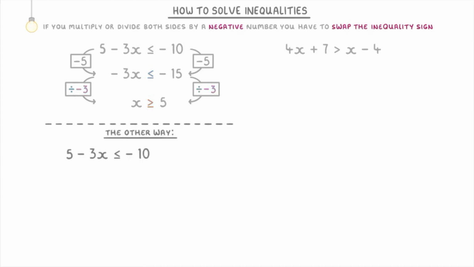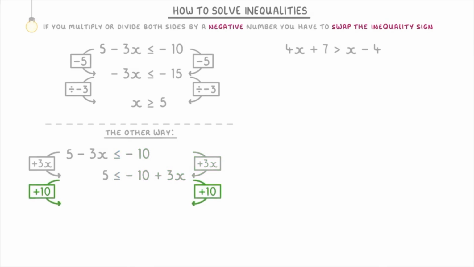The second way that we could have done this question would be to add 3x to both sides, to get 5 is less than or equal to -10 plus 3x, then add 10 to both sides to get 15 is less than or equal to 3x. And finally divide both sides by 3 to get 5 is less than or equal to x.